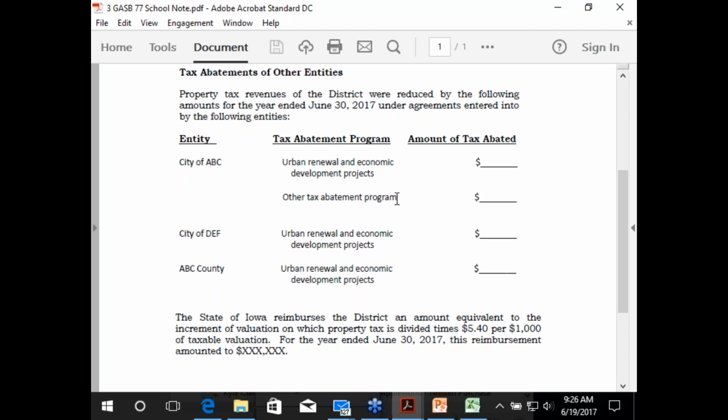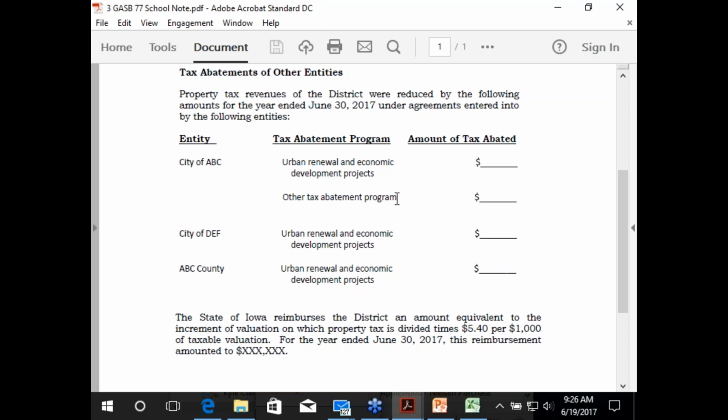Let's say I wanted to do an improvement on my house. I could add a room to my house. If I spent more than 25% of the value of the house as an improvement, I could do that. I could add a wing onto my house, and then I'd go to the assessor and say, hey, I've improved my property.